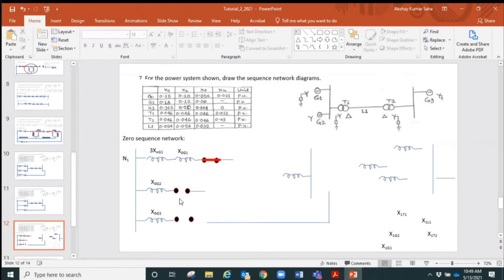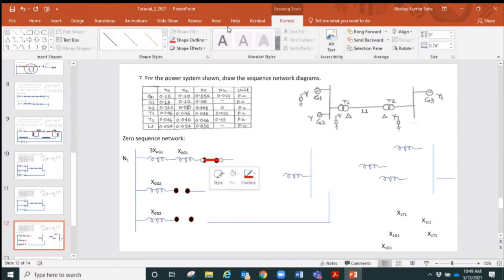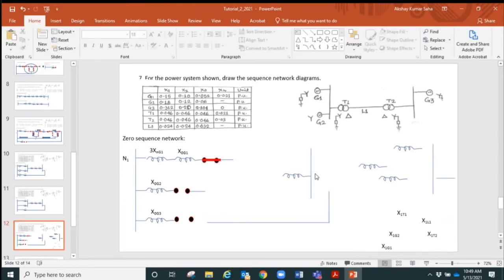For the generator G2, it's star connected but not grounded. It doesn't allow zero sequence current to flow, so we cannot close it, so we leave it open. We look at the generator 3, it's star connected, grounded solidly, so it will allow the zero sequence current to flow, so that's why we close it. Okay, so that's done. Generators, even the generator 3 is done.